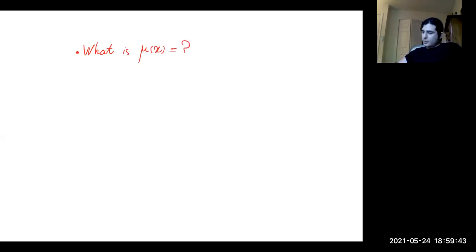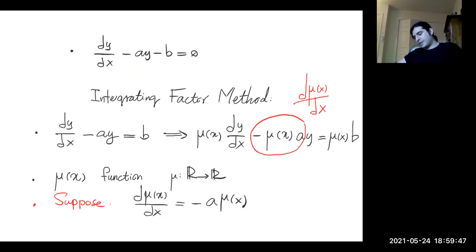So let's remember, what was the property we wanted mu to satisfy? Let's go back right here. Because we wanted to use the product rule, I assume this thing is mu y prime plus mu prime y. So I wanted this thing, which I multiplied y by, to be equal to mu prime.